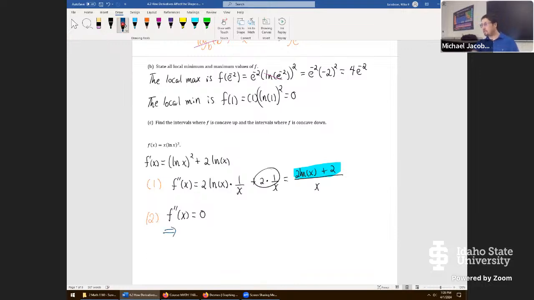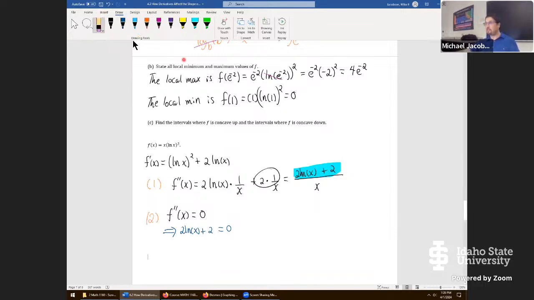So this implies 2 natural log x plus 2 equals 0. In fact, if you set this equal to 0, your first step is to just multiply both sides by x. You're feeding x to 0. It's just gone from the whole process. And so that's where we're going to start looking.